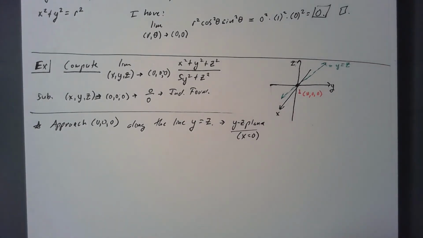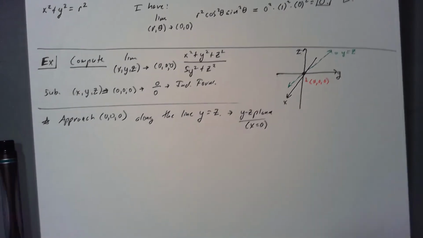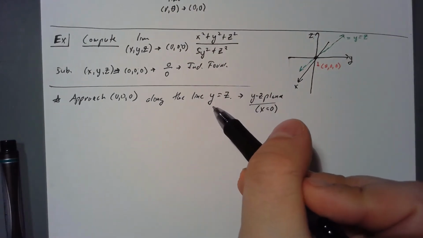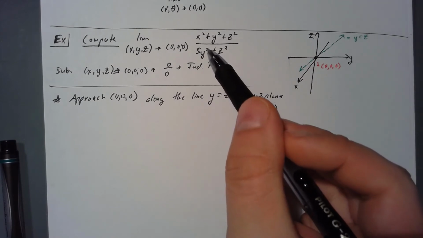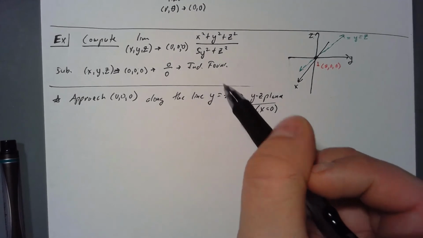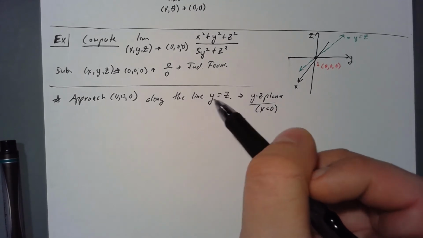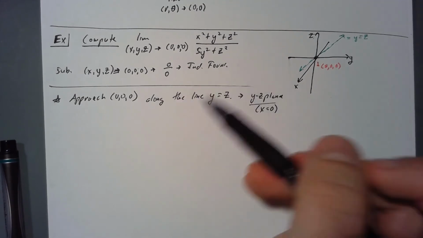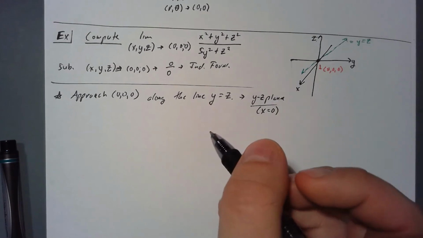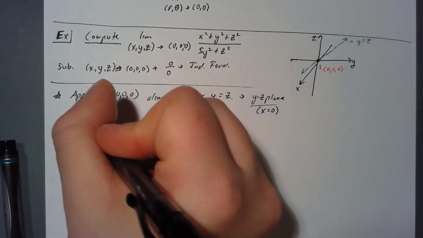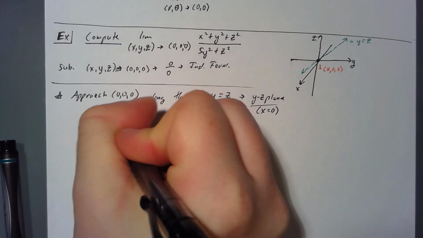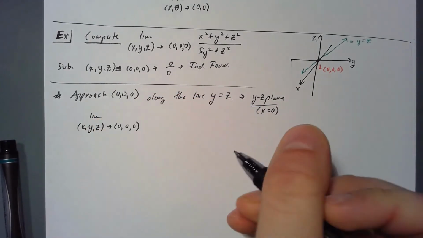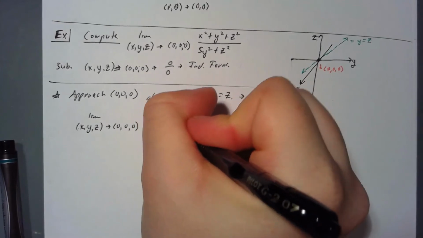All right. So x is now equal to 0. So plug that in here, and then take the limit from there. So let's go. I had the limit as x, y, z approaches 0, 0, 0 of my function.